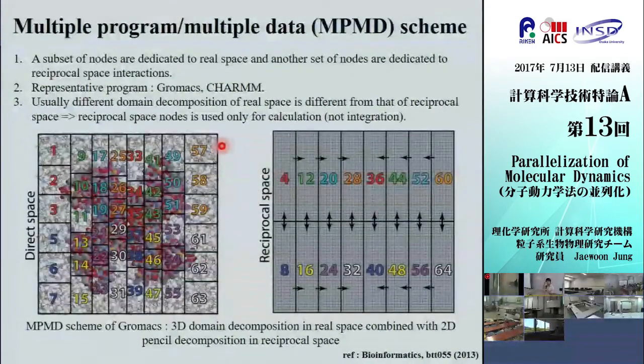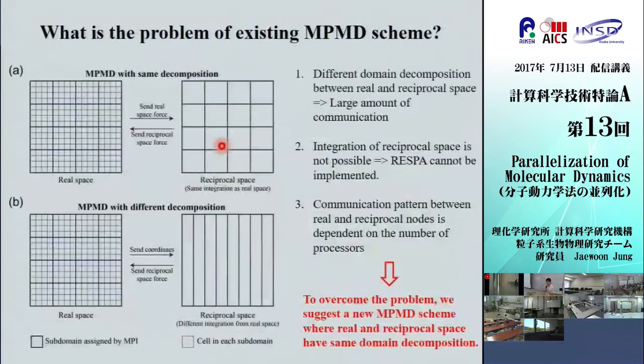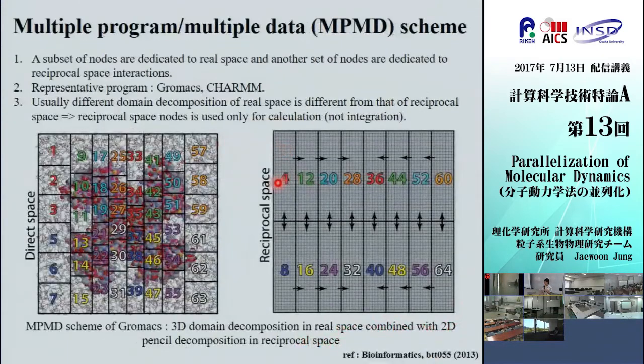But in this case also, I found that there are problems. For example, at each MD step, among these processors, they need communication. The number of processors is different. Here, we assign, for example, 32 processors and 16 processors.